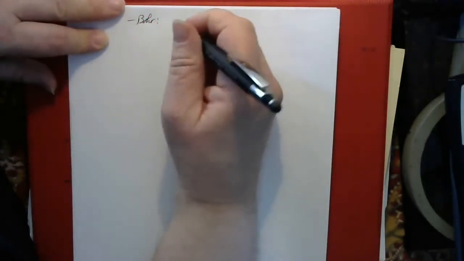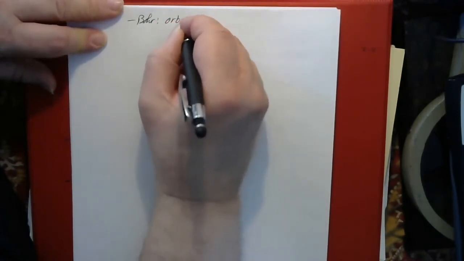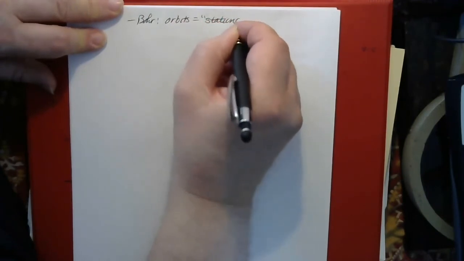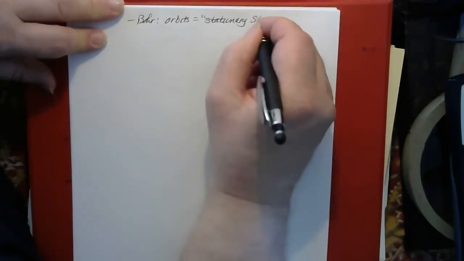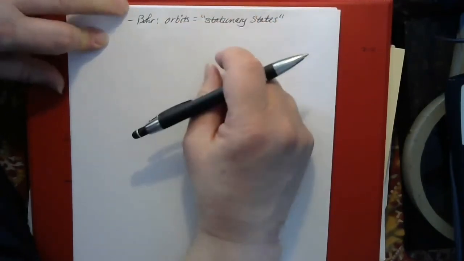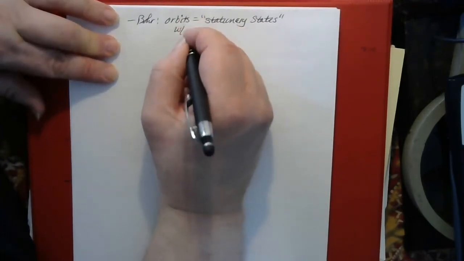Bohr said basically that the orbits are stationary states, with a certain amount of stability.